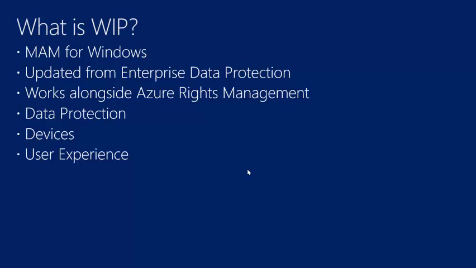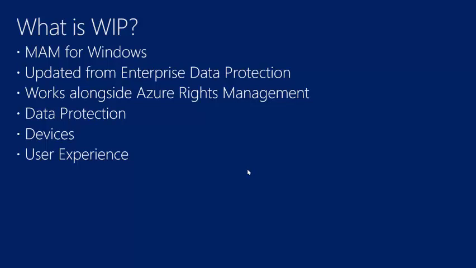Another way of saying that is you have to have the app specifically written and wrapped, if you will, to enable some of the MDM controls. That is also true when you're using Windows Information Protection without enrollment. However, if you do use Windows Information Protection with enrollment, then there is absolutely no requirement to change the app at all in order to achieve this app protection policy or Windows Information Protection on a Windows device.